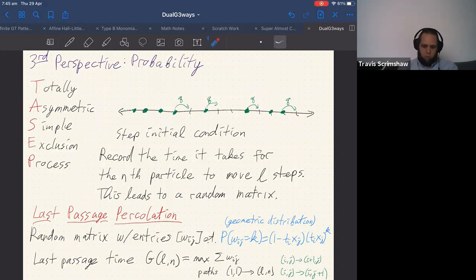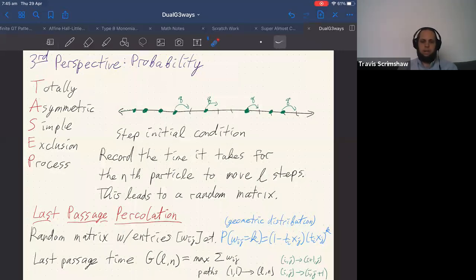So the probability or the stochastic process I want to look at is a very old one called the totally asymmetric simple exclusion process, better known as TASEP.